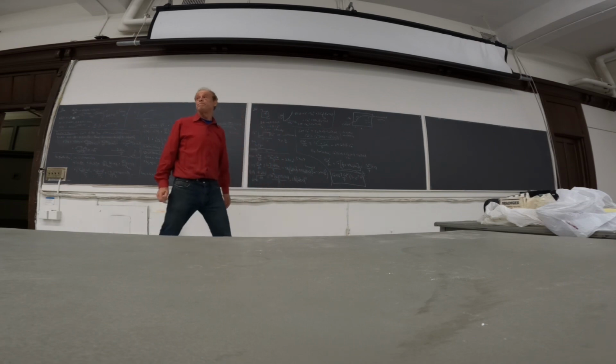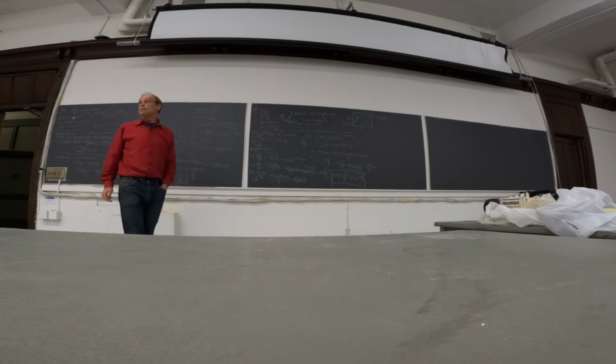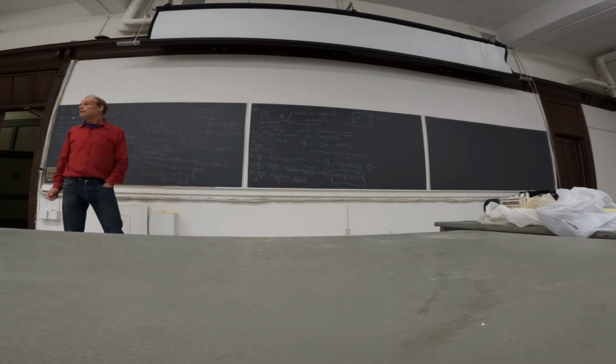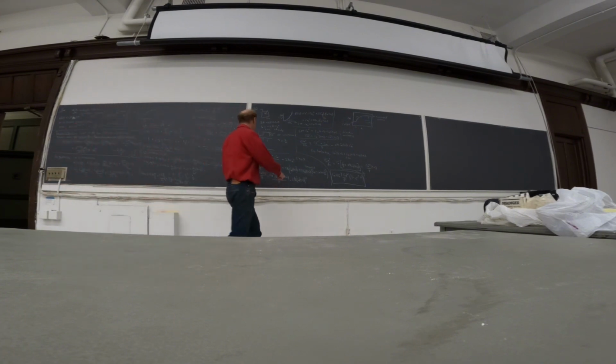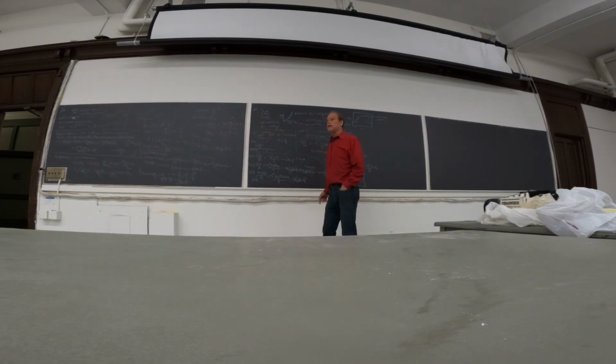Yep. I'm confused about us using this CA prime. Why can't we just solve the second equation? This equation? Yeah. You can. Oh, okay. This is just easier because it gets rid of some of the terms.